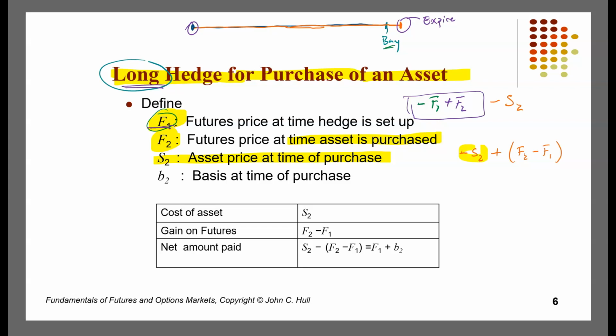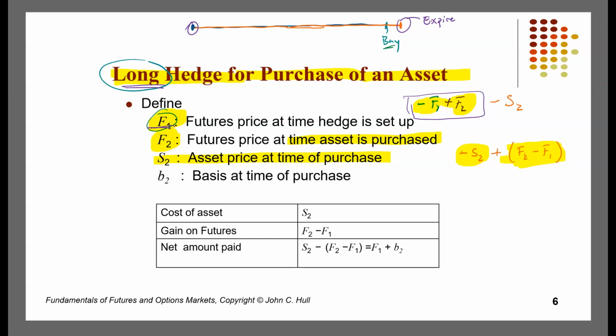Now remember, this is what I'm spending because I closed out my contract, and this is the position that I have at the end of my contract, which is F2 minus F1. So this is my position in the futures market, and this is how much I spend.